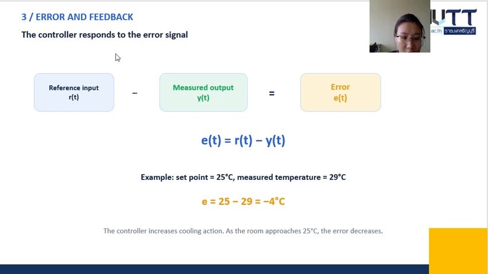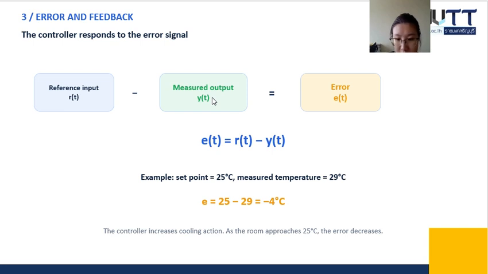The key element of the closed loop control is the error signal. Error equals the reference input minus the measured output.